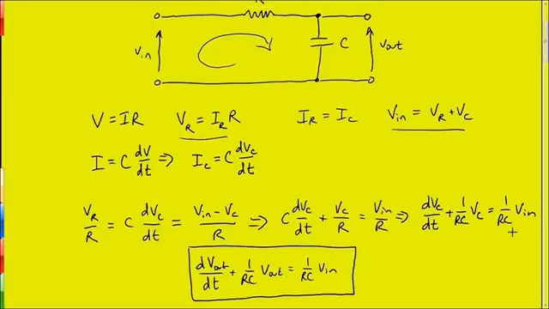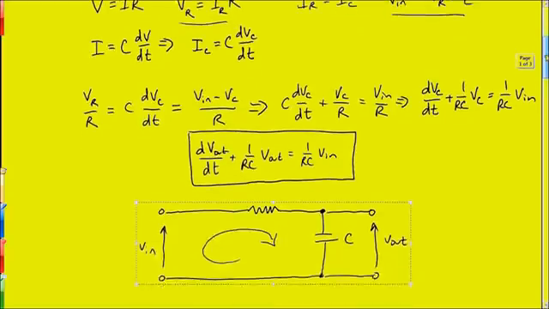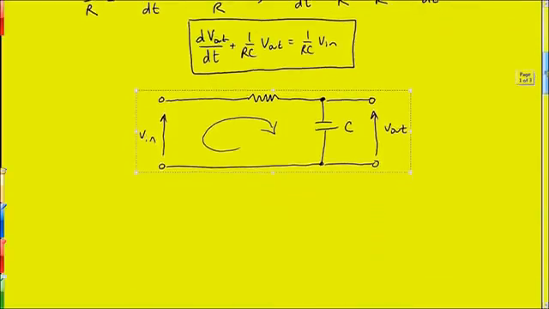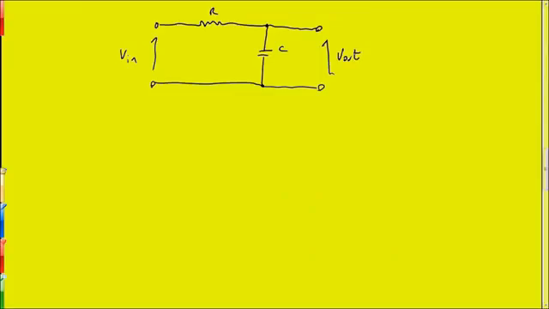Well, that's just great. Now we've turned a nice simple figure into a not terribly complicated ordinary differential equation, but an ordinary differential equation nonetheless. But the important thing here is to figure out what happens when we put in a certain kind of input. What do we get out of it? The next question is, if we have a step function for v in, so let's say that v in does something like this.